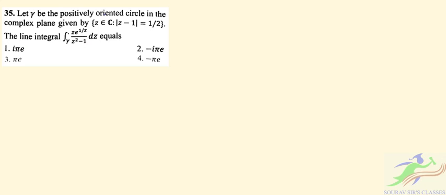Question 35, June 2020, Mathematical Science. Let gamma be the positively oriented circle in the complex plane given by mod of z minus 1 equal to half.